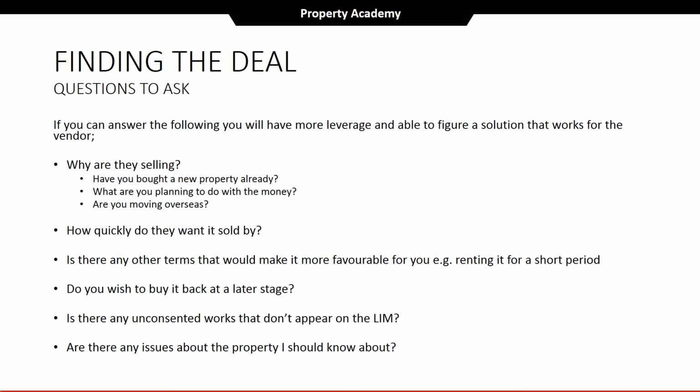They may even have a plumber or a bathroom renovation person come out and quote $30,000, and that's how they've got the number. But in your view, you know that your tradies can fix this whole thing up for 10 grand. So that question gives you leverage, because the vendor is going to tell you their perspective of what the issues are.